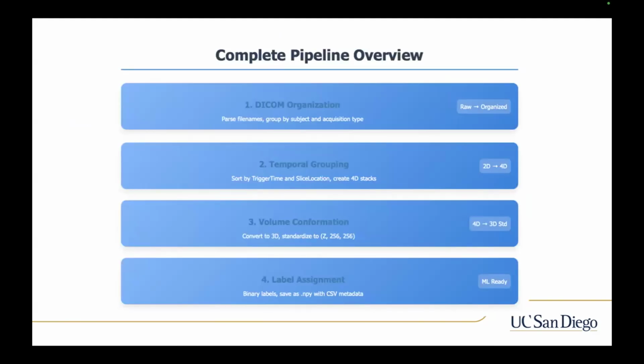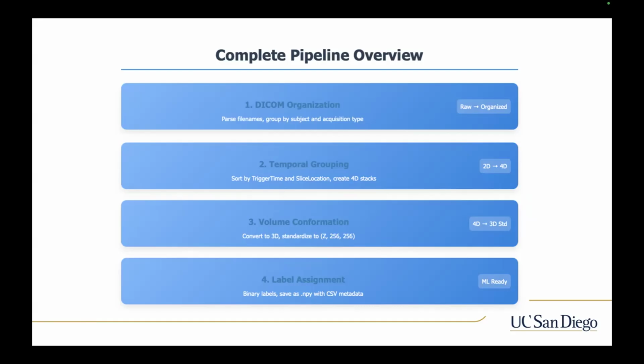For pre-processing the data, this is a complete pipeline overview. We started with organization, taking the files out of the database and organizing them by files and acquisition type. Then we did some grouping in order to create 4D stacks. Step one was how we grouped our files, and then we did temporal grouping. We took these MRI stacks, which have height and width, and also two more dimensions: slices through the body, and time.